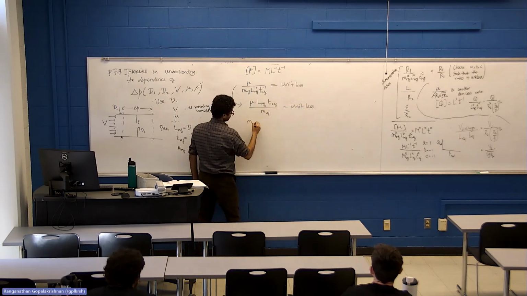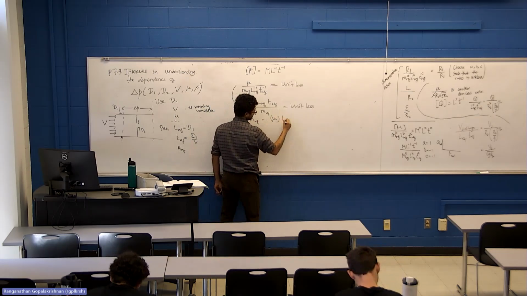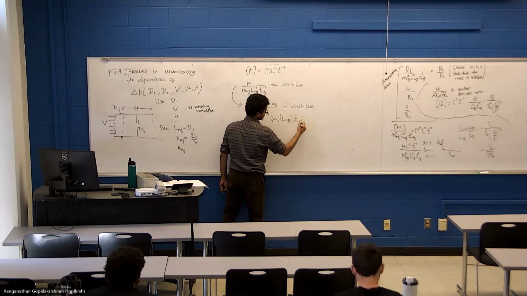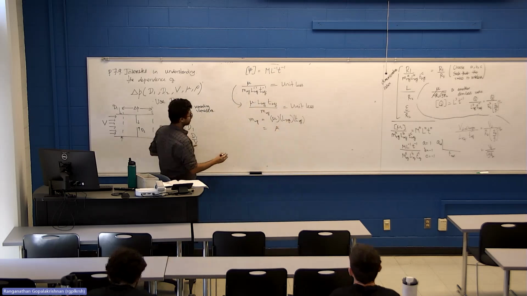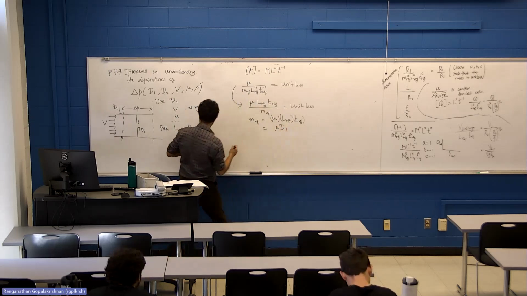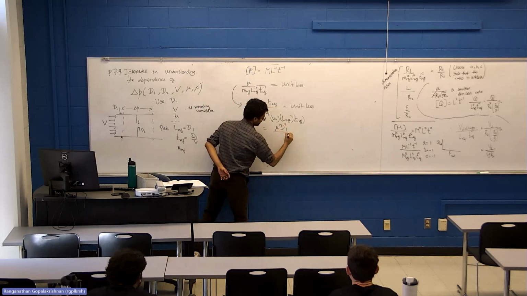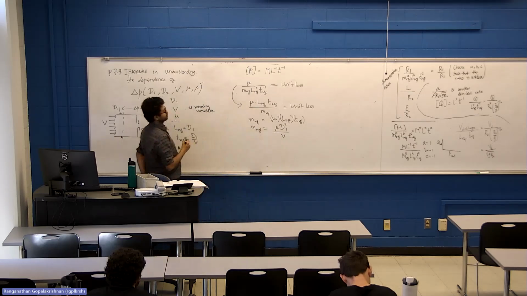So M ref, reference mass, should be viscosity times L ref times T ref. What is L ref? D1. And then what is T ref? D1 over V. So I have D1 squared over V.